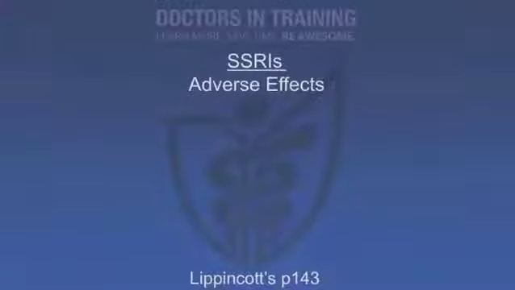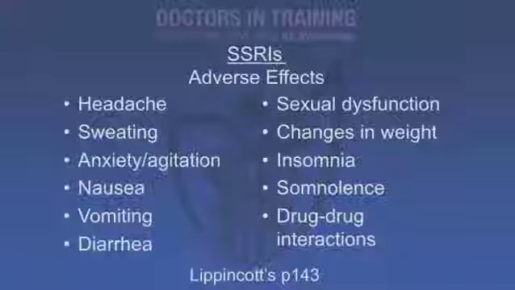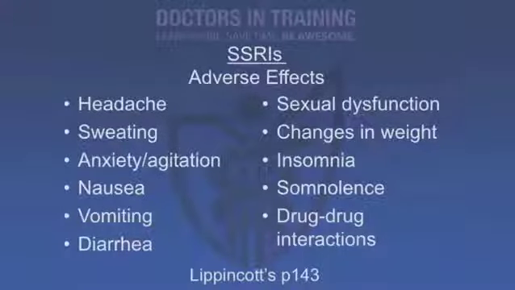Let's look at some adverse effects. The adverse effects of SSRIs are fewer and less severe than with TCAs and MAOIs. Headache, sweating, anxiety and agitation, nausea, vomiting, diarrhea, sexual dysfunction, changes in weight, insomnia and somnolence, and there is also a potential for drug-drug interactions with SSRIs.